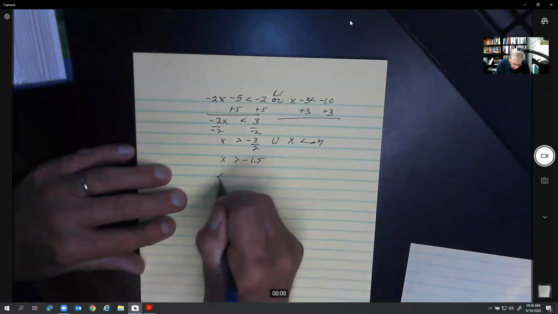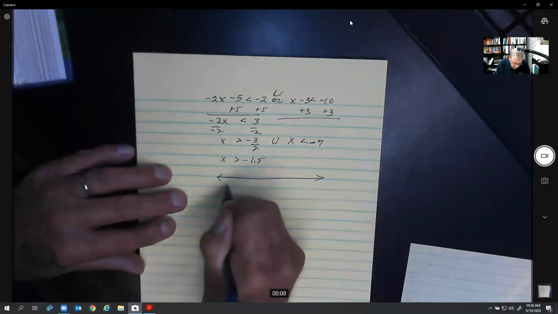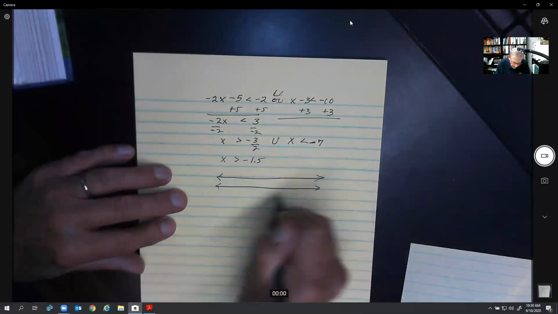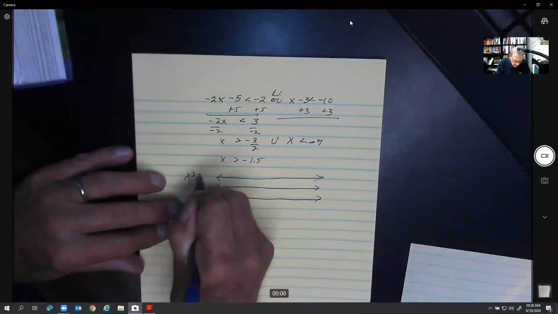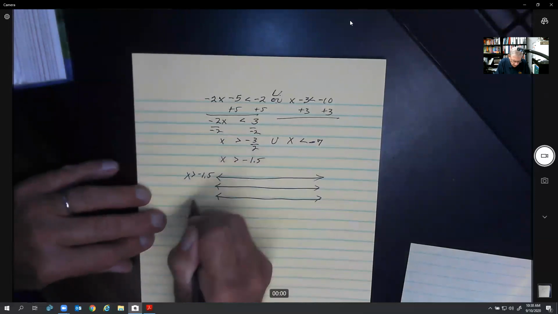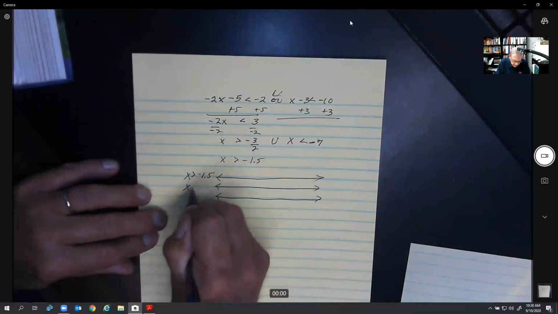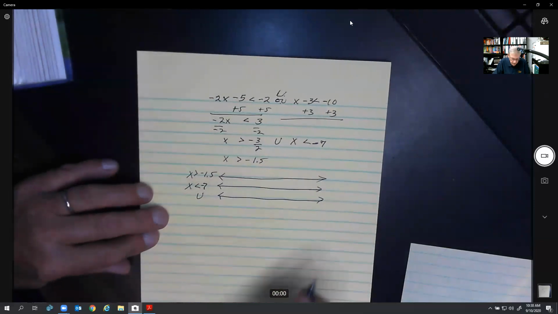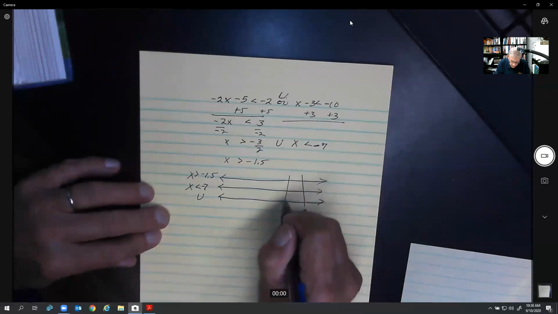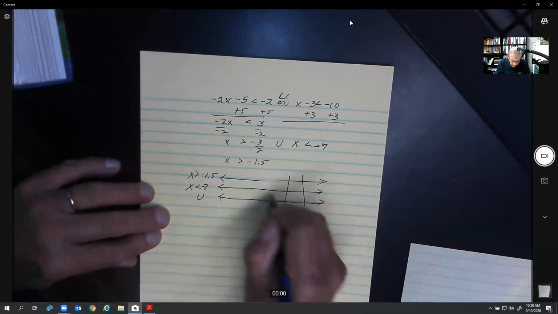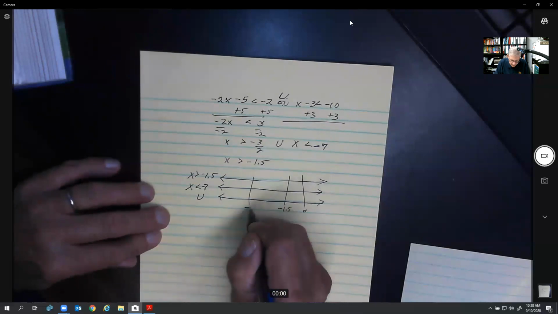So let's draw a number line, and a number line, and a number line. Later on as you get better, you might not have to draw the number lines. Negative 7, and the union of these two. So right here is 0, negative 1.5, negative 7.